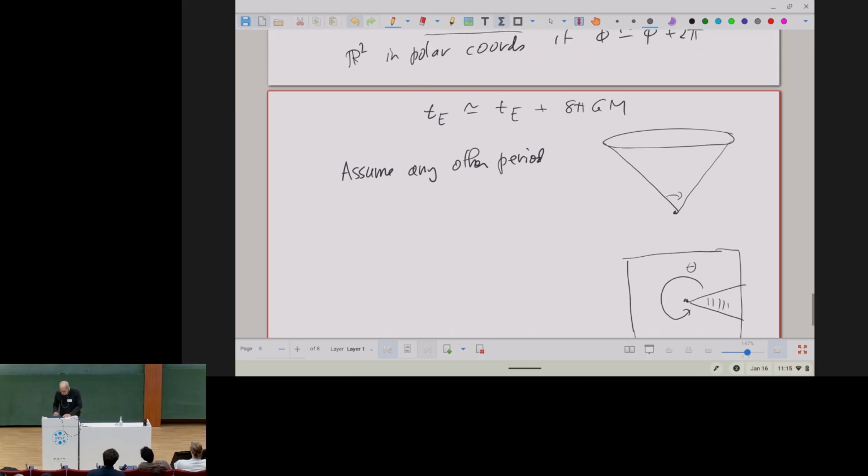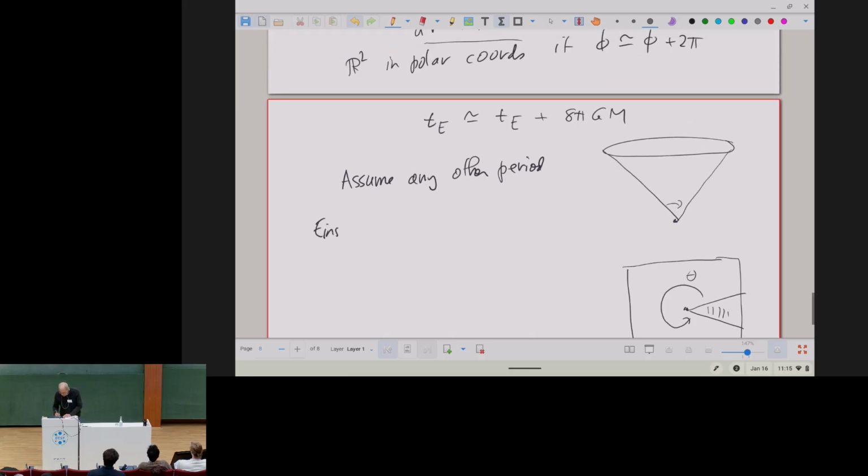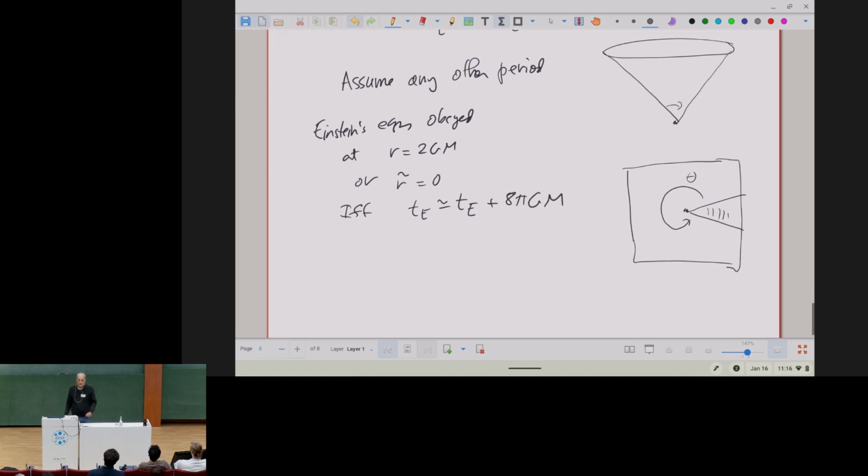So Einstein's equations are obeyed at r equals 2GM, which is the same as r tilde equals 0, if and only if the period is 8 pi GM. Well, we've seen 8 pi GM before.